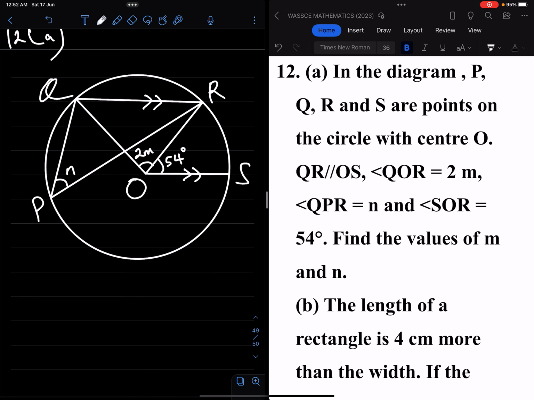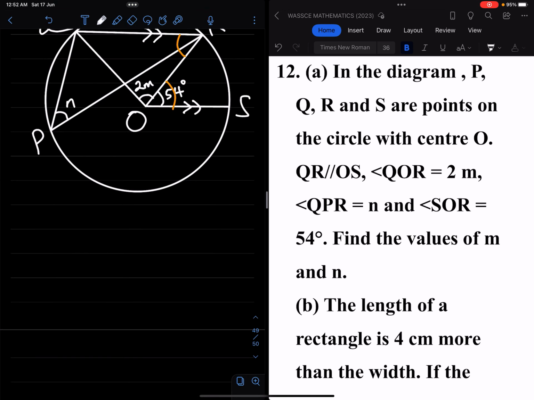First of all, if QR is parallel to OS, that simply means this angle and this angle are equal, and the reason for that is alternate angles.